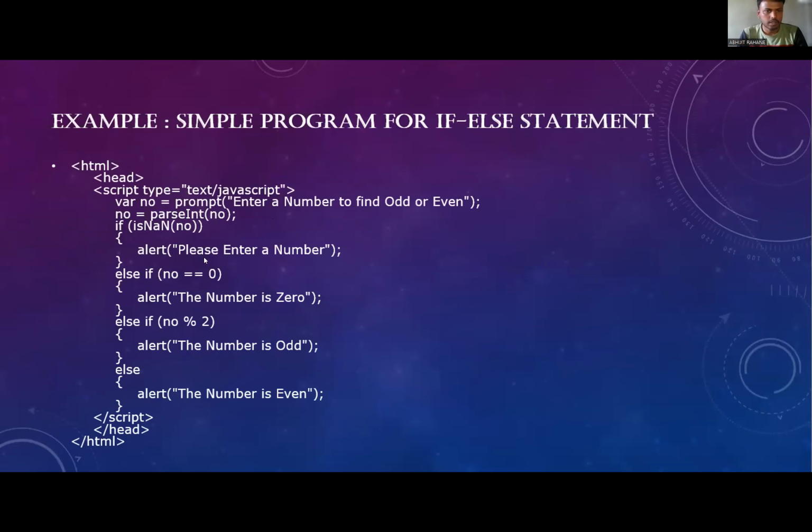If the user enters a number, then it will show the alert and display the entered number. If the number is equal to 0, then it will say number 0. If the number is odd, then it will print that the number is odd, and otherwise, if these three conditions are false, it will execute the else part.